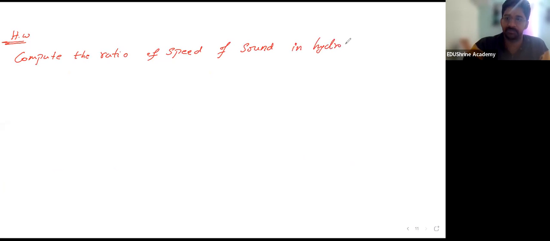Homework question: Compute the ratio of the speed of sound in hydrogen to the RMS speed of hydrogen molecules.